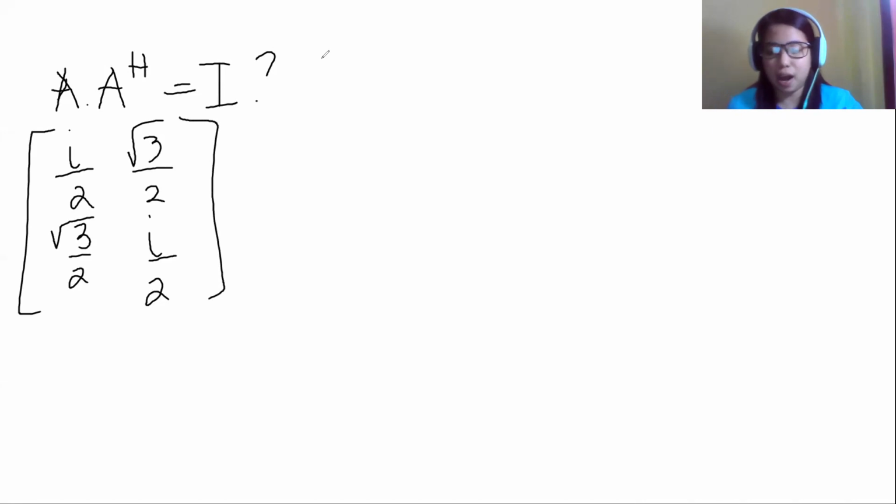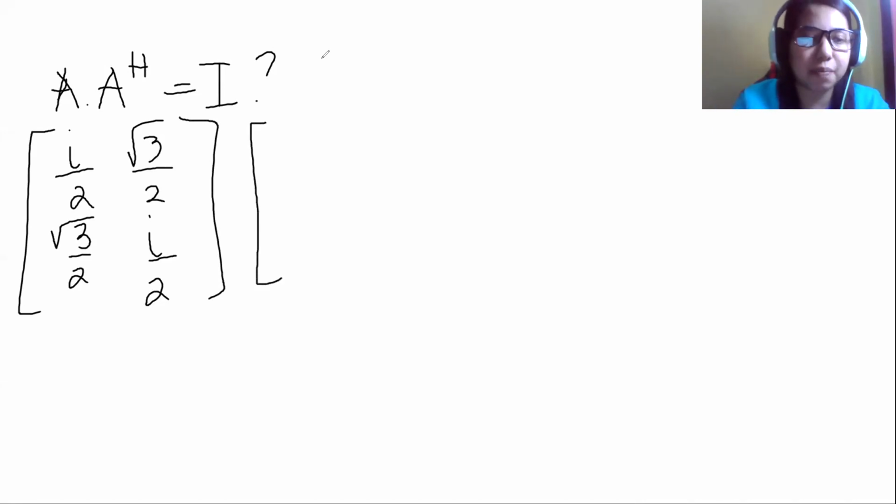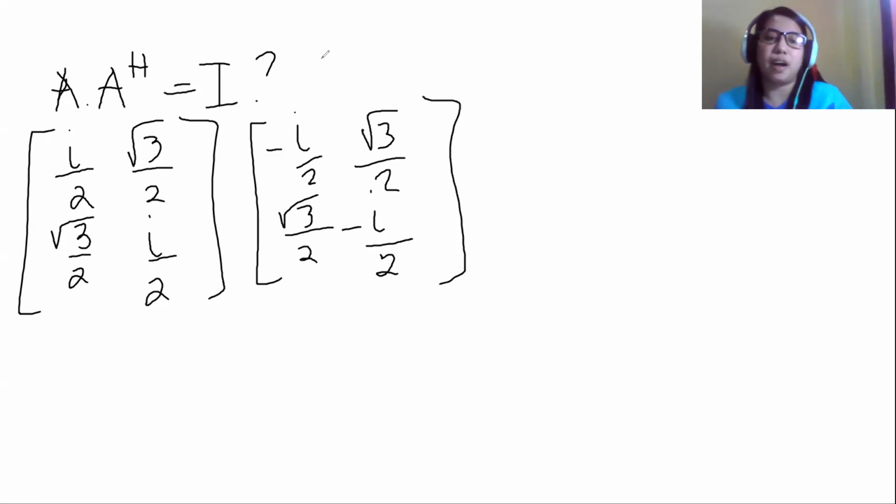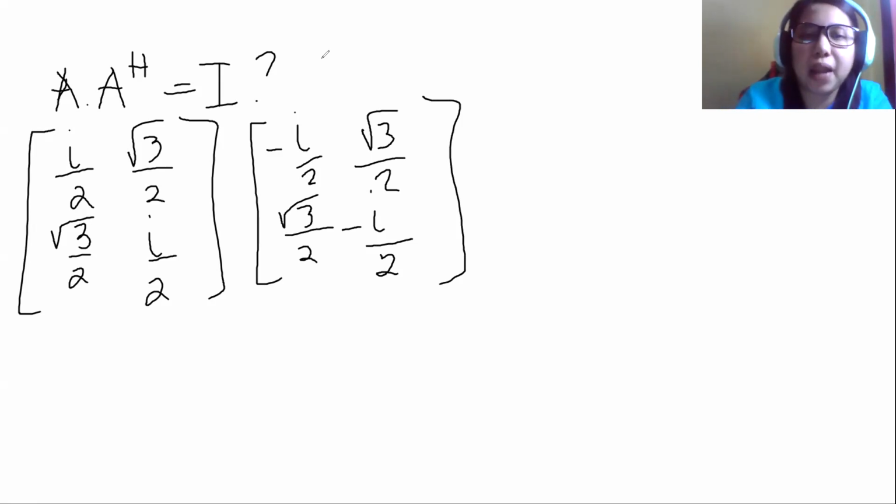And then, the computed value of our A sub H is negative i/2, square root of 3 halves, square root of 3 halves, and negative i/2. So these are the elements of our matrix. So we will do the dot product.